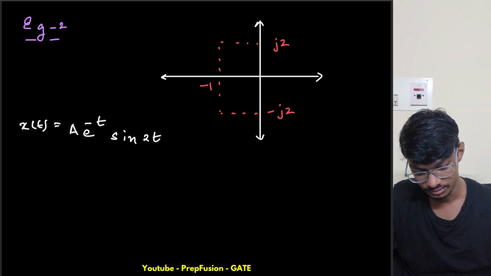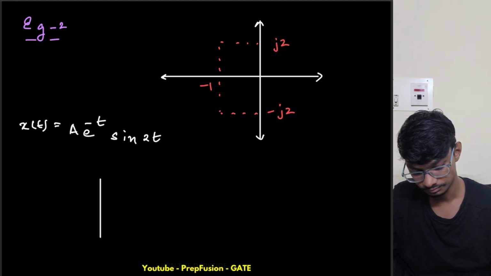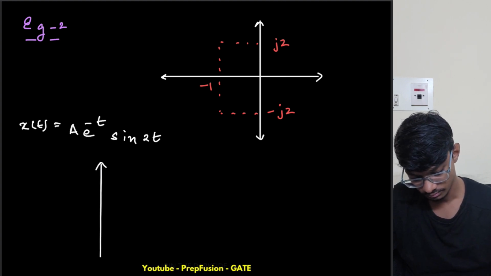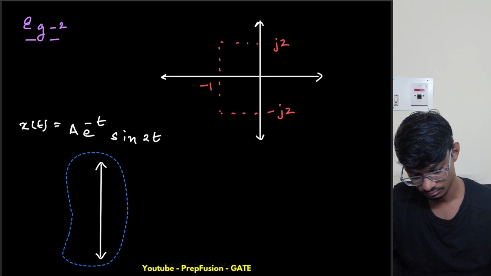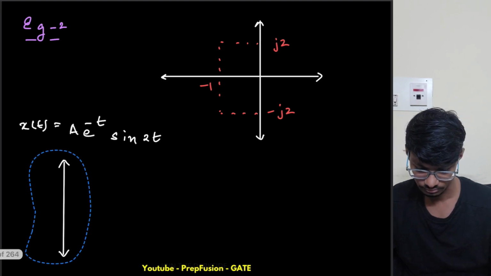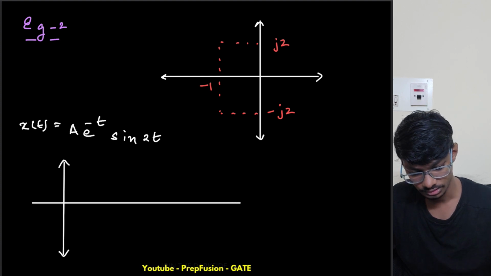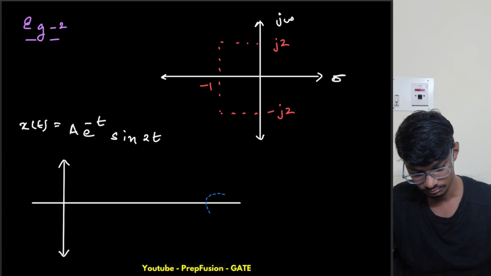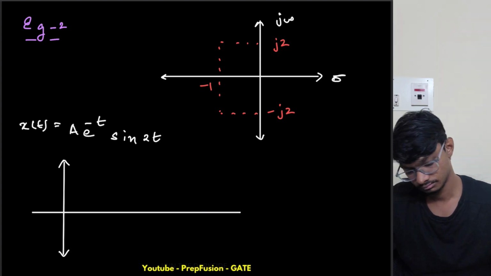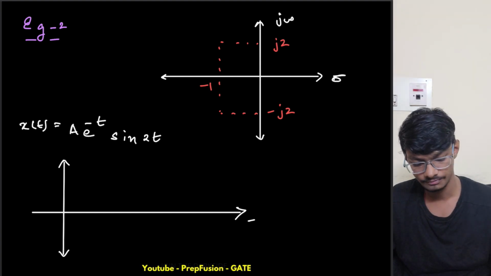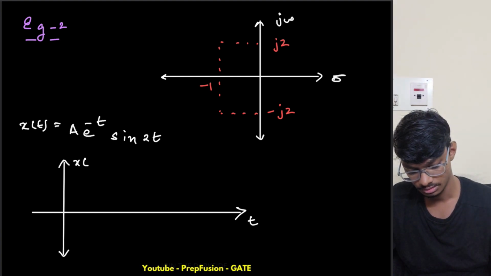So what our system will do is, this is sigma, j omega, right? This is t, and this is x of t.